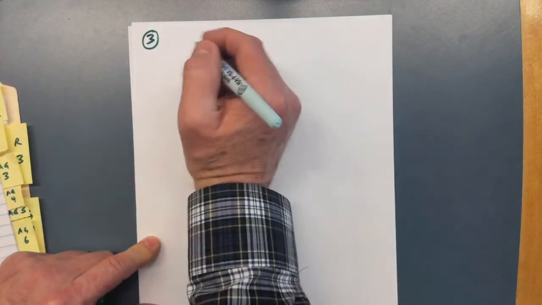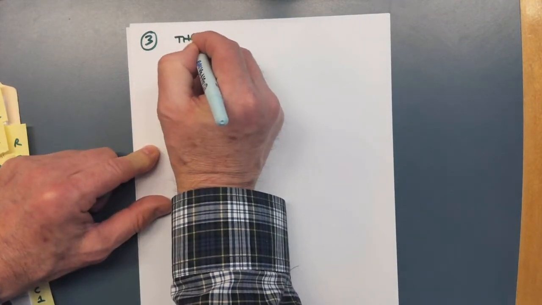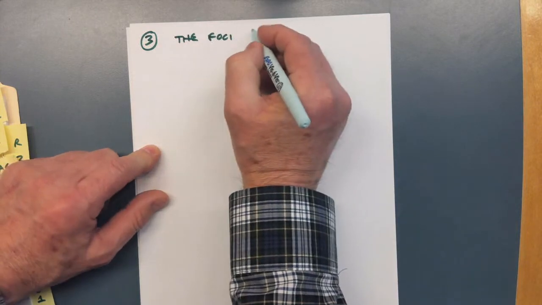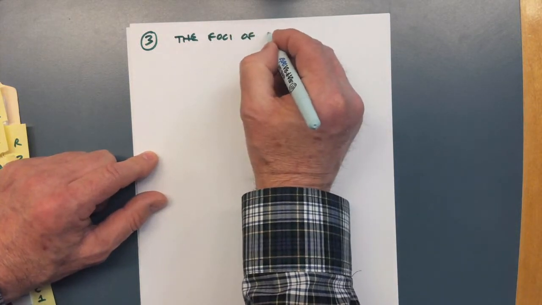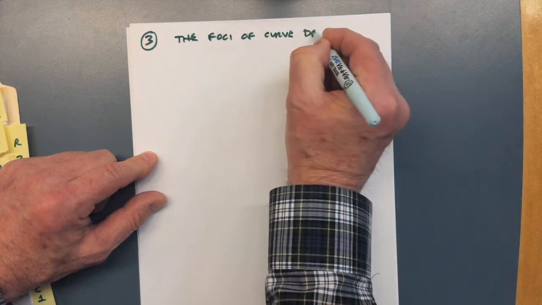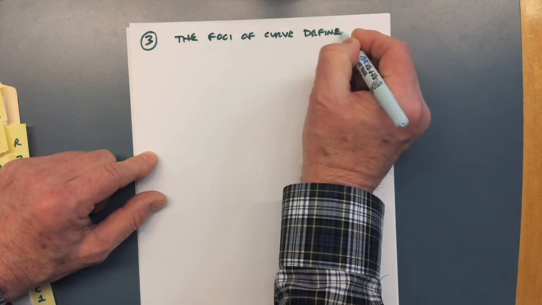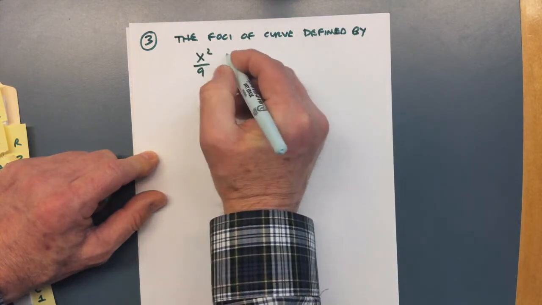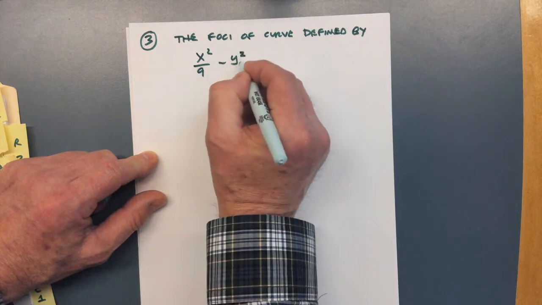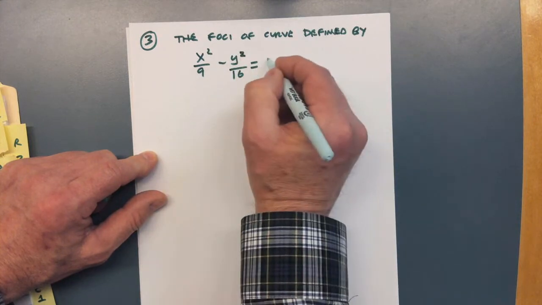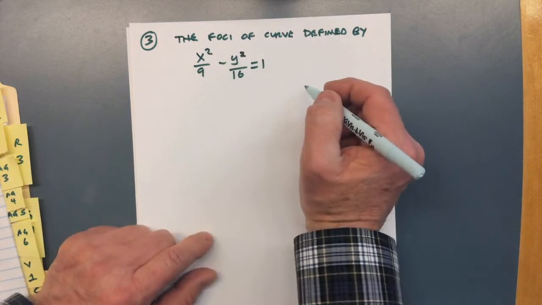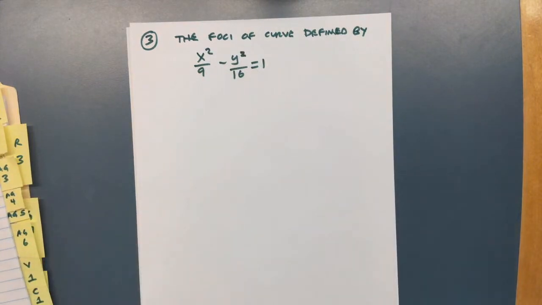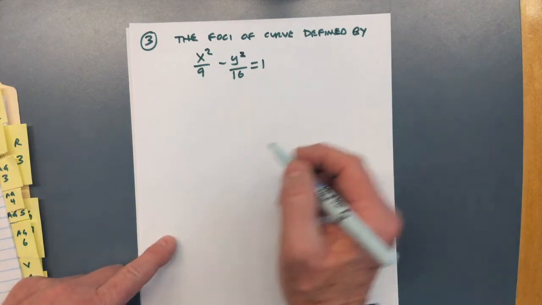So my third analytic geometry problem is the foci of the curve defined by that equation.